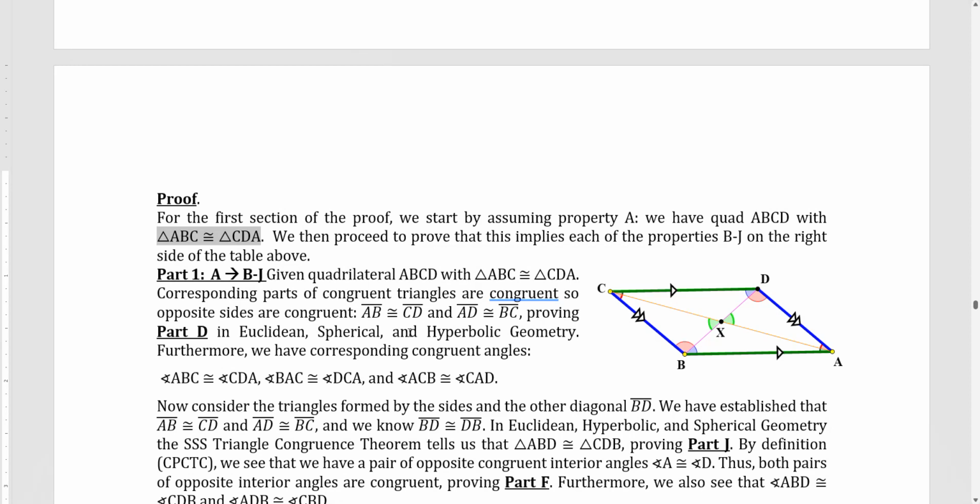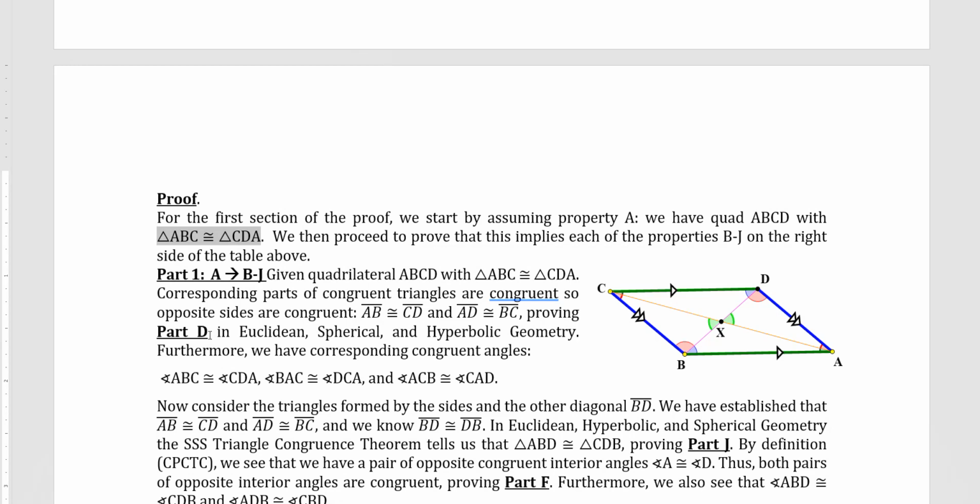Anyway, you've got two triangles that are congruent, so all the corresponding sides are congruent. Of course, the diagonal is congruent to itself, but the thing that picks up for us is that these opposite sides have to be congruent, which was D. So now we have condition A implies condition D.